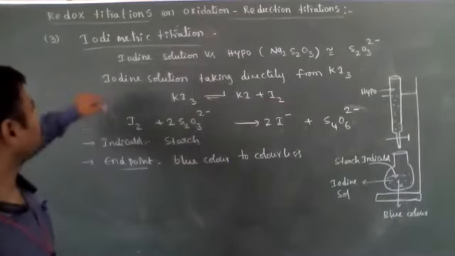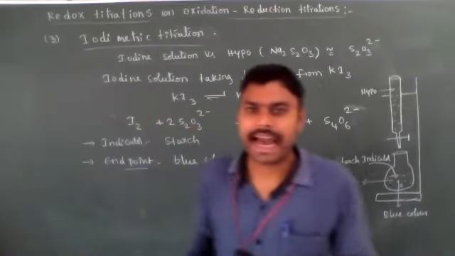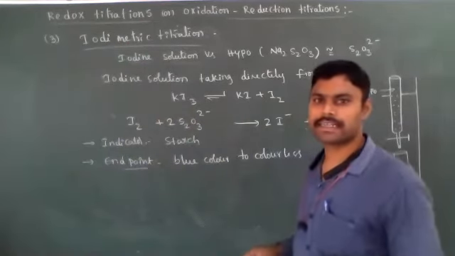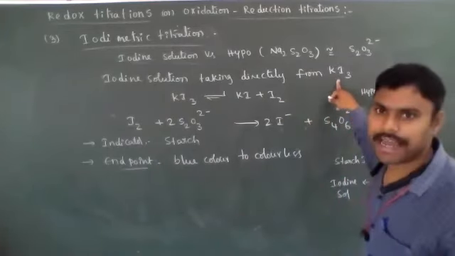So this type of titration is called iodimetric titration. In iodimetric titration, we take iodine solution directly by using KI3, potassium triiodide.